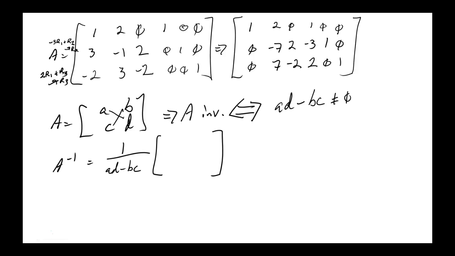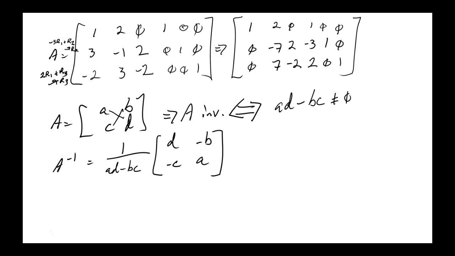Now this seems like there's a lot of moving parts here, and there are. But here's what we do. On the main diagonal, reverse them. Make this D and this A. And on the upward diagonal, negate them. Negative C, negative B. And then when you do that, you get the inverse matrix.